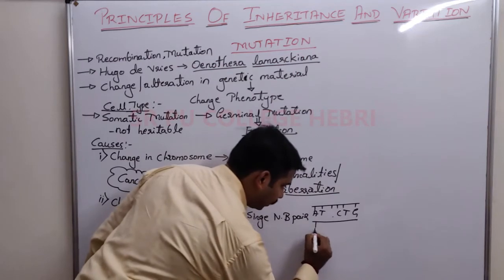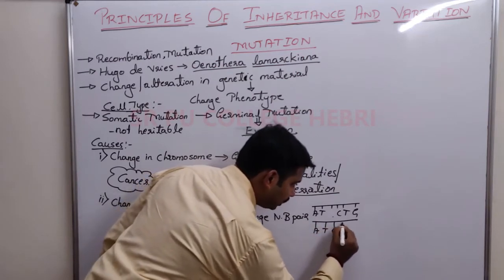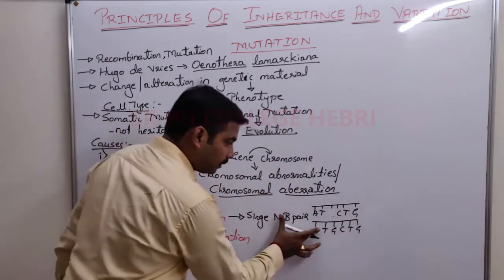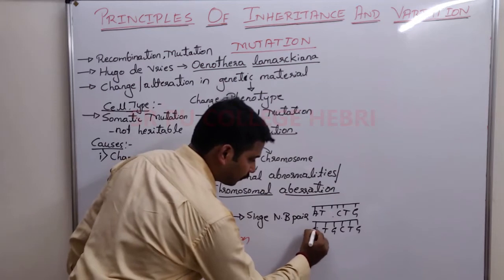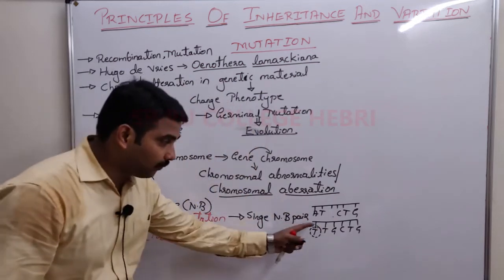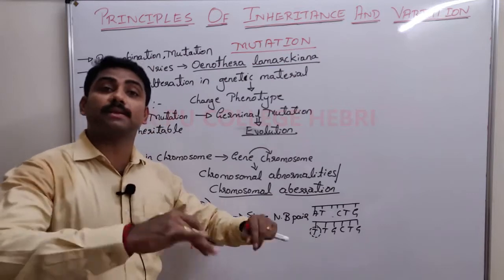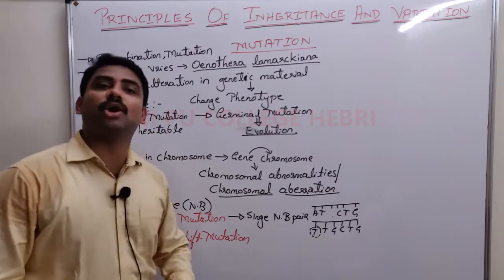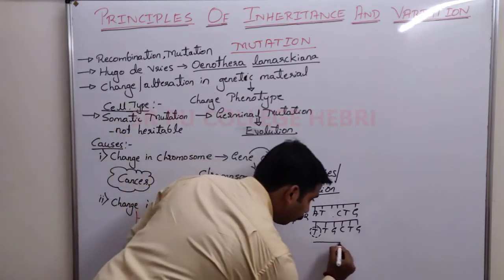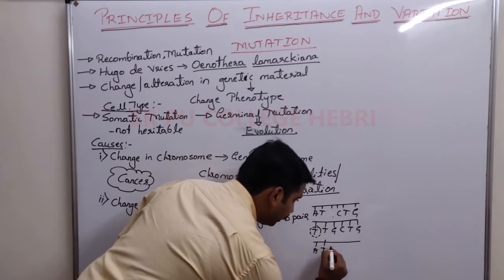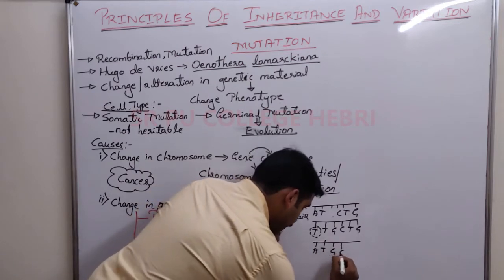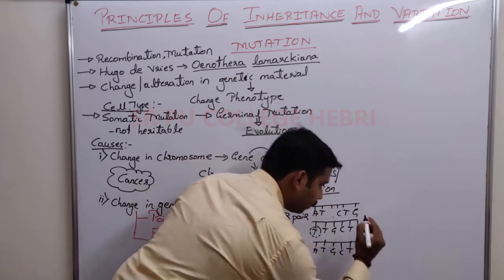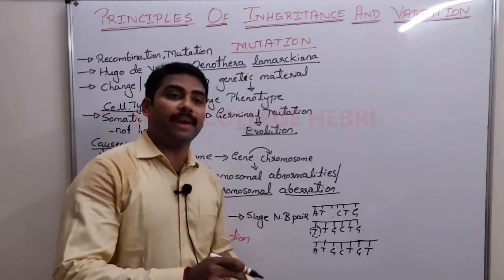Look at here, let me write once again. ATGCTG, actual strand, where, see here, what happened? Instead of A, adenine is replaced by some other nitrogenous base. Illi loss aglilla, replacement of the base occurred, or even what may occur? A, T, what was there? G, C, T, G. It was the actual sequence. Okay, what happened? One extra base can be added.